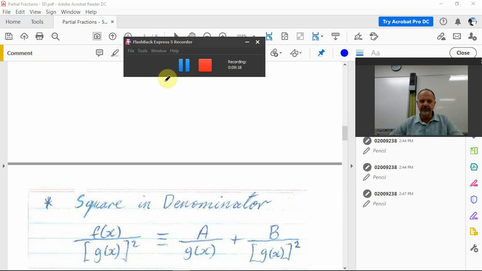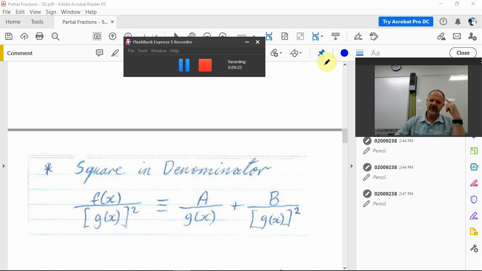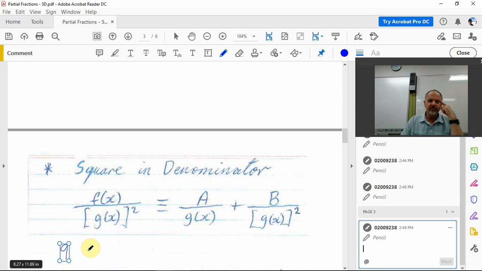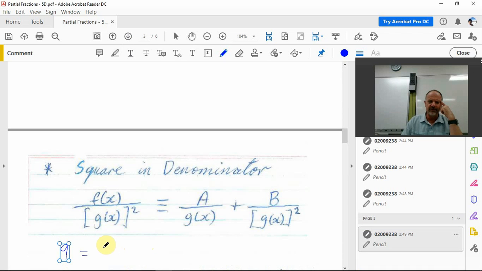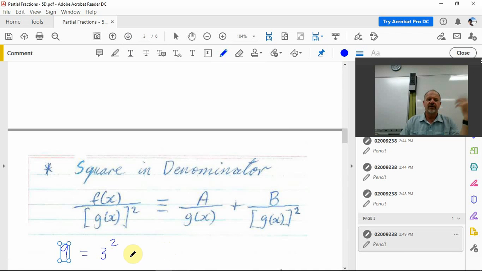Okay, the next one is when we have a square in the denominator. So say for example, I'll just choose a number. Say the number 9, for example. And 9 is 3 squared. So what are the factors of 9? Well, factors of 9 are 9, 3, and also 1 goes in everything. But we don't have to worry about the factor of 1.